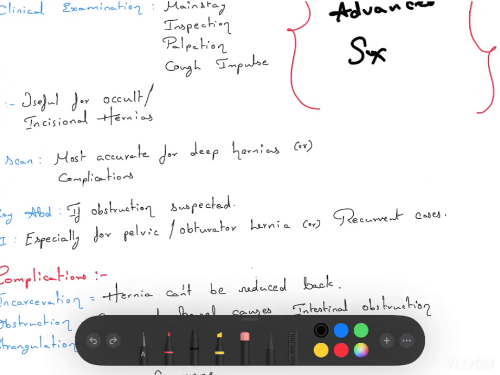Treatment decisions are based on the chart. For example, if the patient has a reducible hernia, we do elective surgery, mesh repair preferred. Irreducible hernia means urgent evaluation, possible surgery. Strangulated hernia needs emergency surgery. The main goal is to return contents to the abdomen, remove or reduce the sac, close the defect, reinforce the abdominal wall, and prevent recurrence.